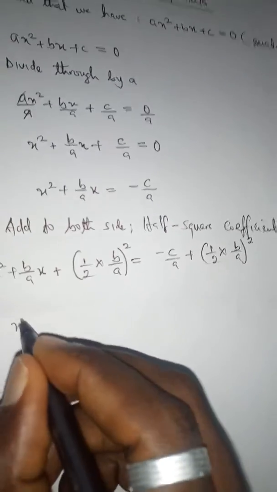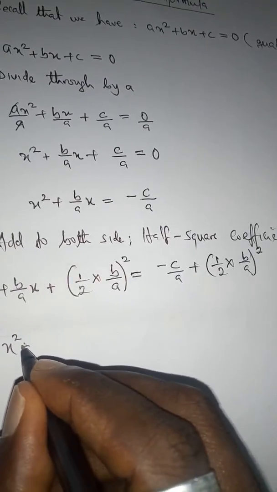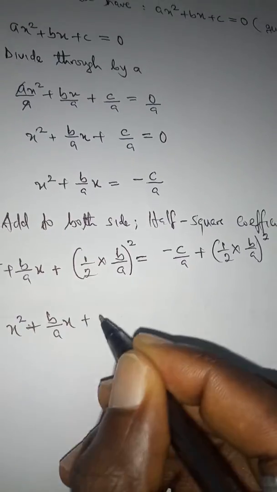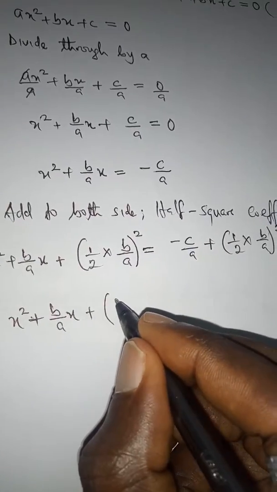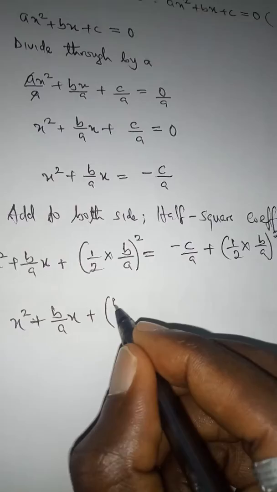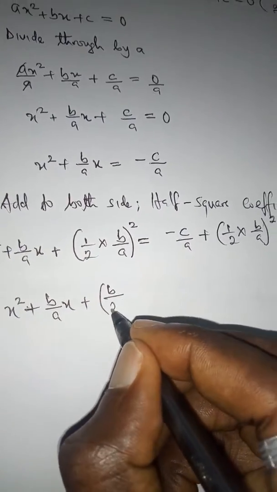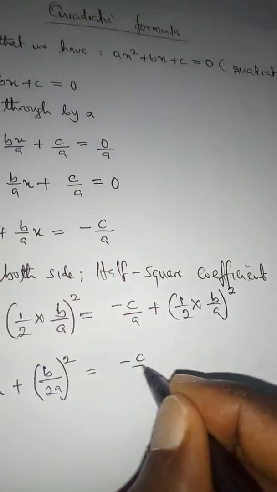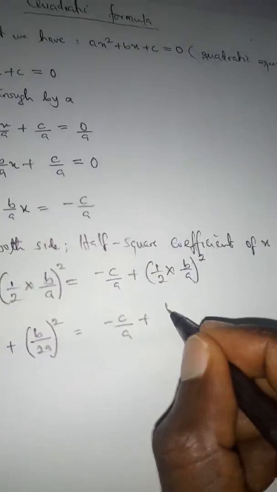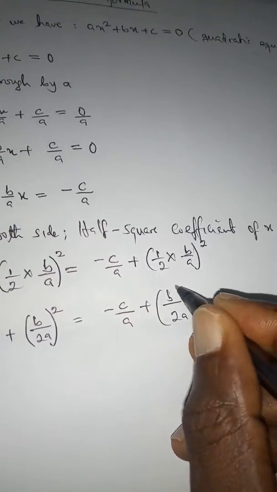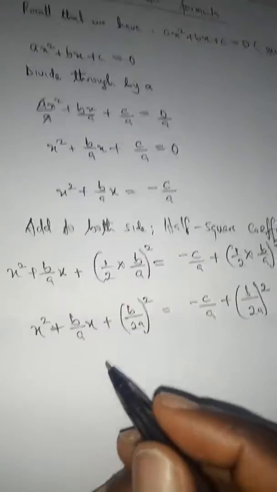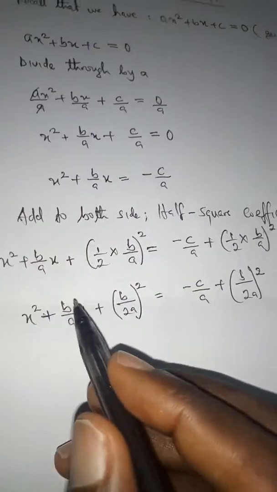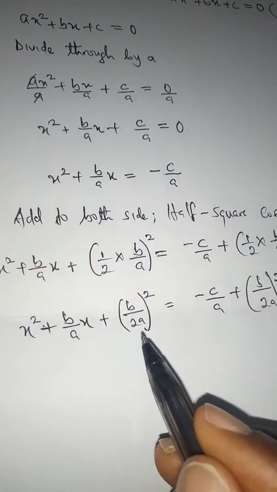Yes, from here we can have x squared plus b over a x plus, open the bracket, half times b, that is b, over 2 times a, that is 2a, close the bracket, squared, equals minus c over a plus b over 2a squared. Like I've explained in the previous video, at this stage you need to factorize what you have at the left side of the equation.